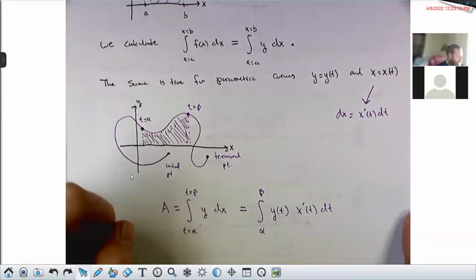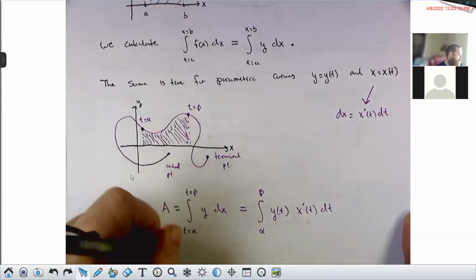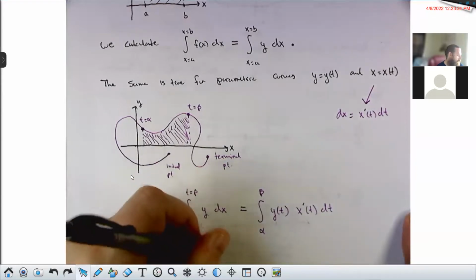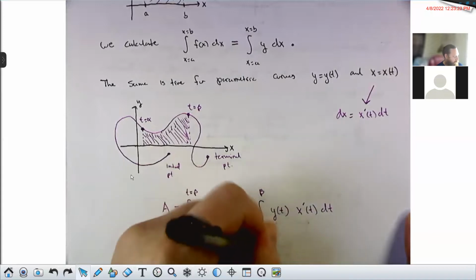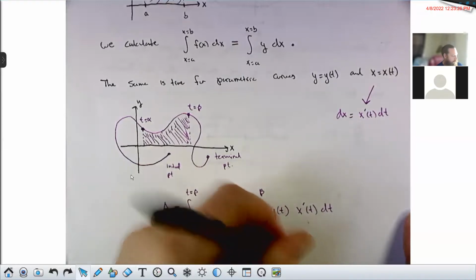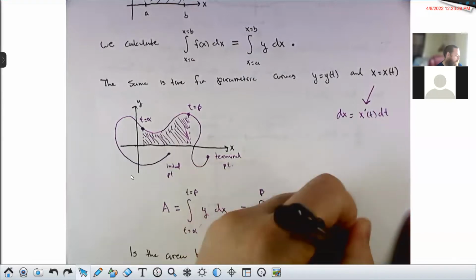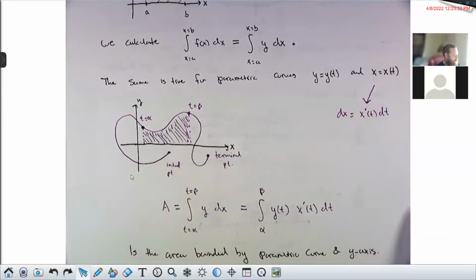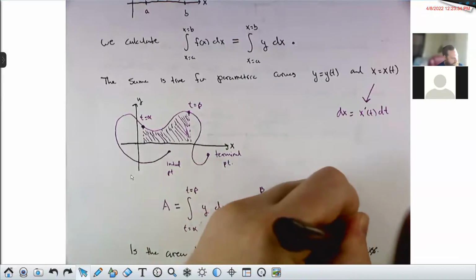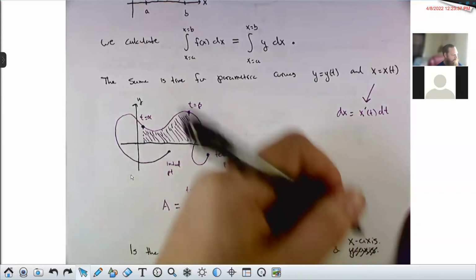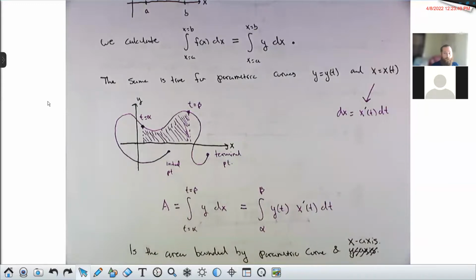So this is the area bounded by the parametric curve and the x-axis. We do require one thing, and that's that the curve be kind of well behaved between these, right? That the curve doesn't double back on itself or do anything crazy between these two t values. There needs to be a reasonable area here to discuss.